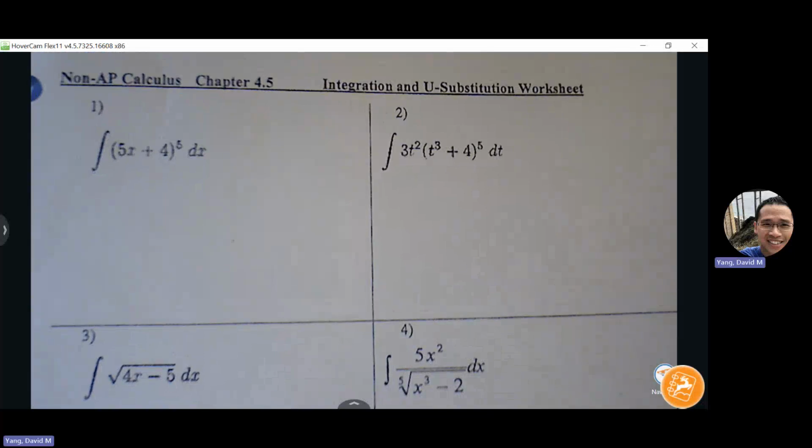Okay, so what I want to do is work out some of the problems together, but it's more of walking through the steps and identifying, wait, is this an expansion power problem or is it U-substitution? Because not every problem is going to be U-substitution.